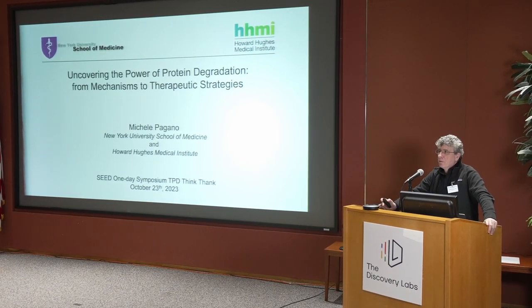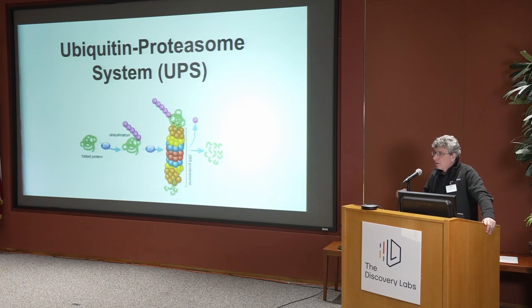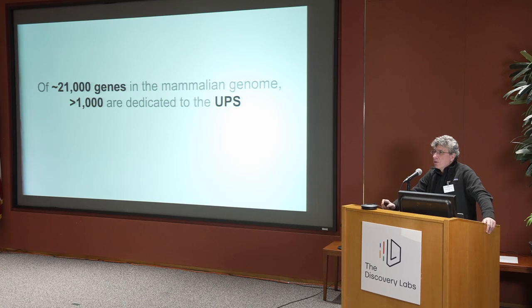Today I will tell you what we are interested in my lab. The ubiquitin proteasome system has been introduced already by Avram, so I will not go through it. Just to remind you that of 20,000 genes in the mammalian genome, about 1,000 are dedicated to the ubiquitin proteasome system.